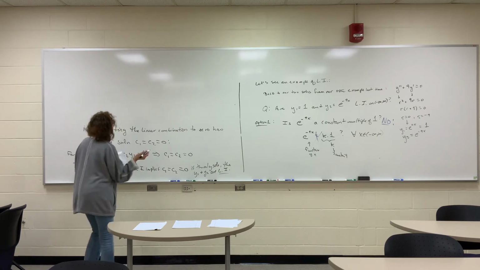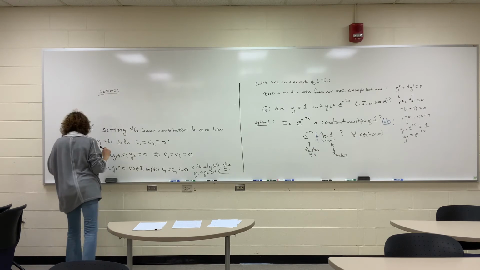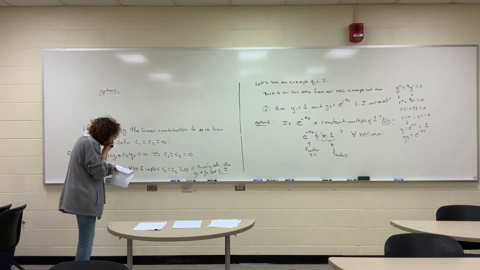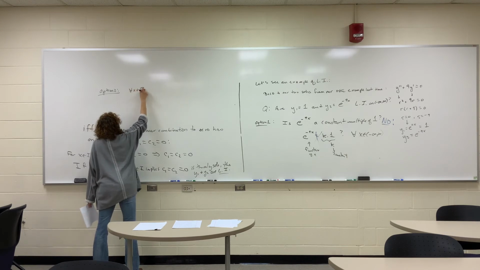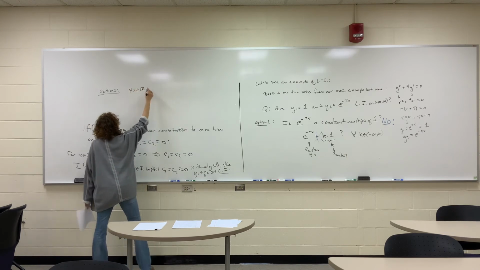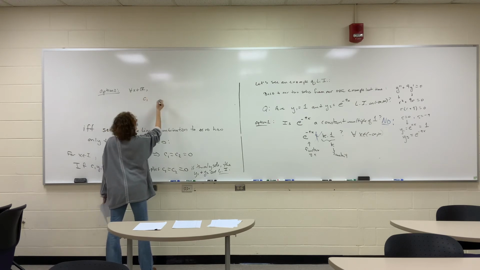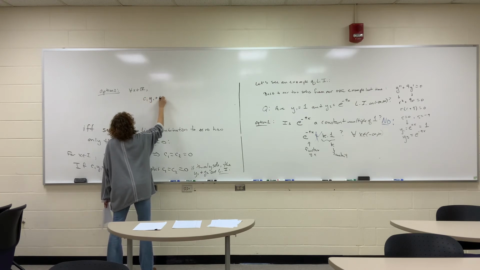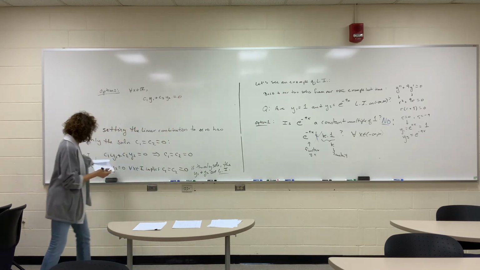So what's another way? Option 2. For all x in the reals, let's look at C1 times y1 plus C2 times y2 and set that equal to 0. That's what the definition says to do.